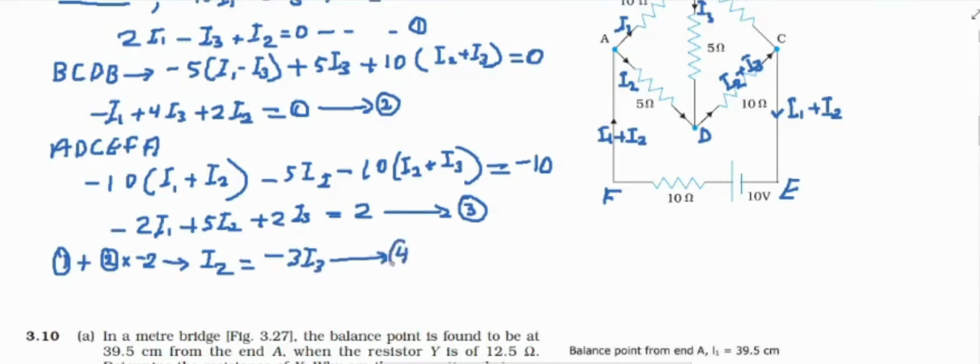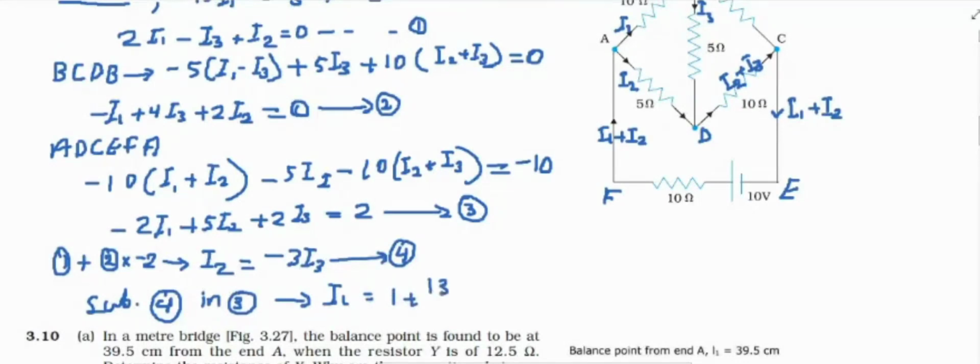Take it as equation 4. Then substitute equation 4 in equation 3, and you will get I1 is equal to 1 plus 13 by 2 I3.